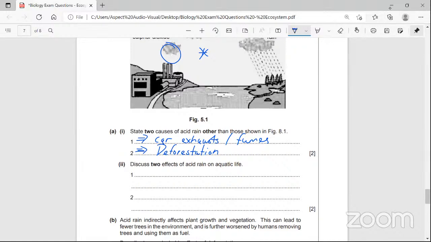Once you have a larger concentration of CO2 in the air, this can go into solution when it rains and then create carbonic acid.